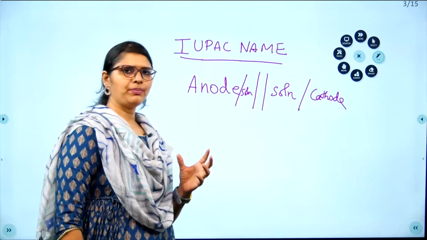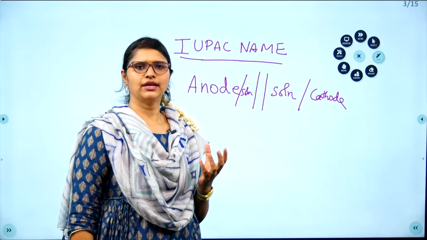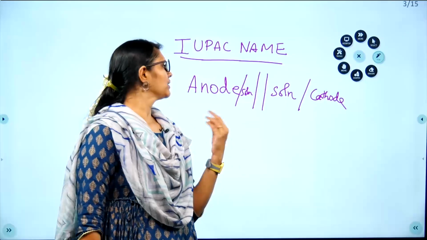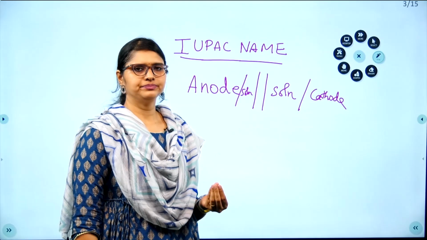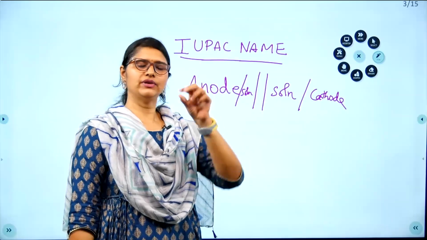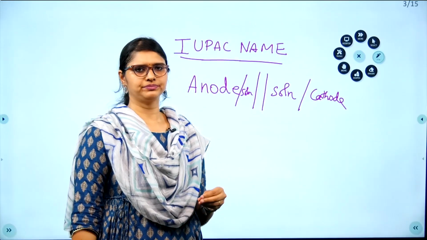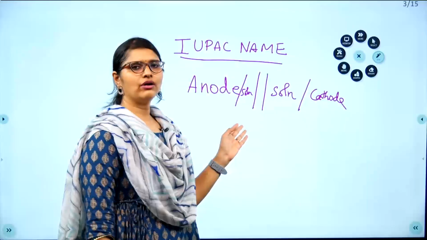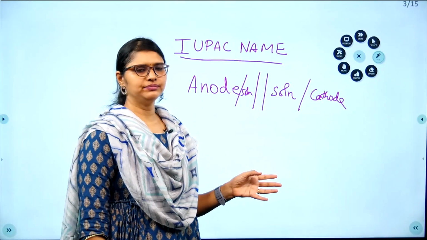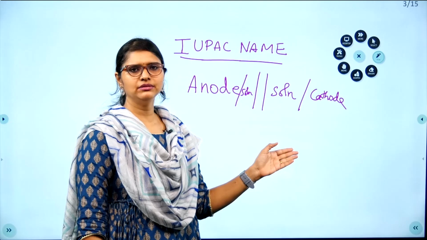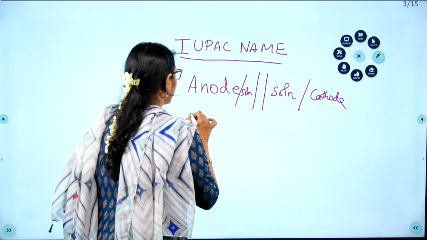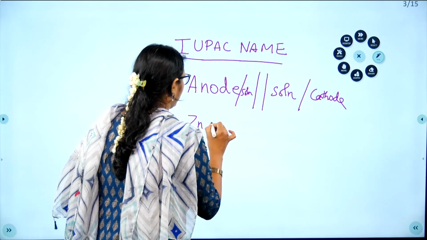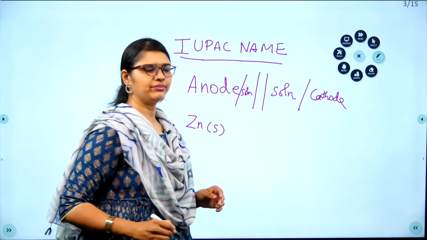How to write the IUPAC for the electrochemical cell, we are going to see: anode and its solution, because any electrode will be dipped in its own solution. So, for example, a zinc rod dipped in zinc sulfate solution, then a copper rod dipped in copper sulfate solution.